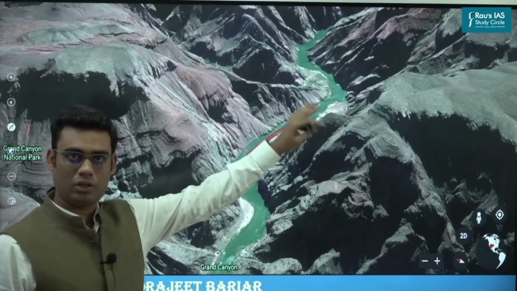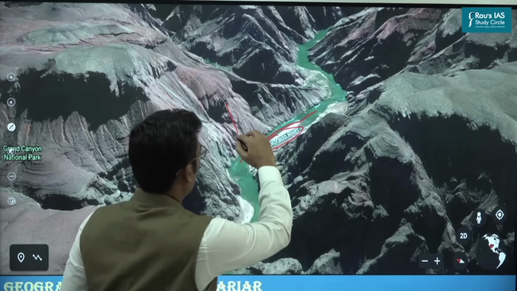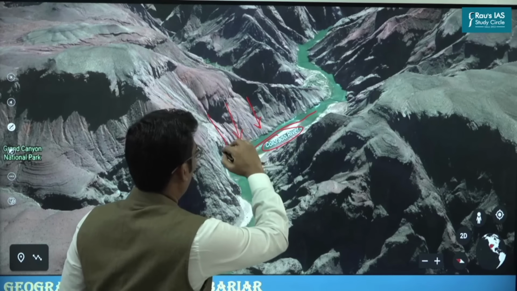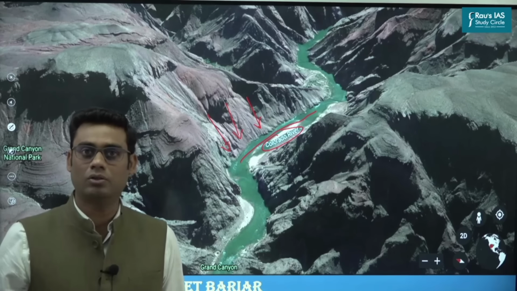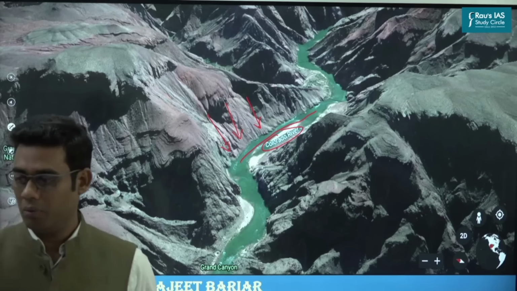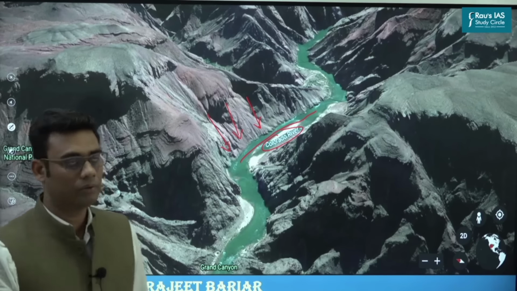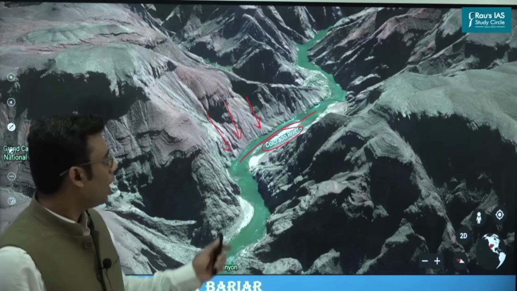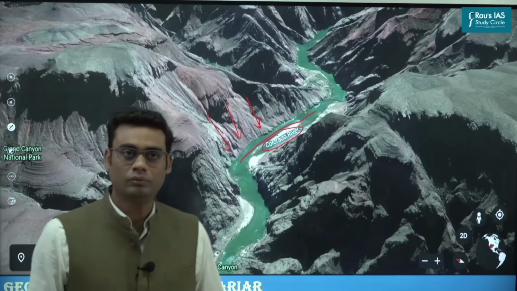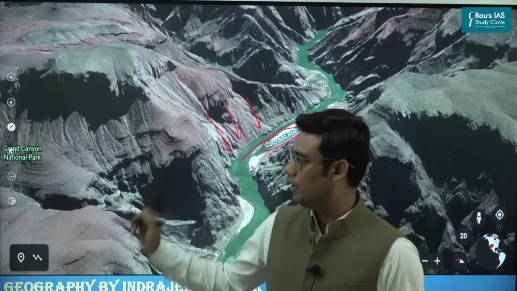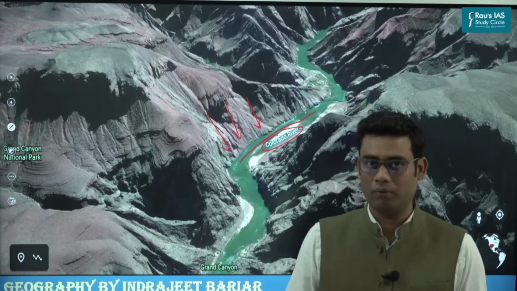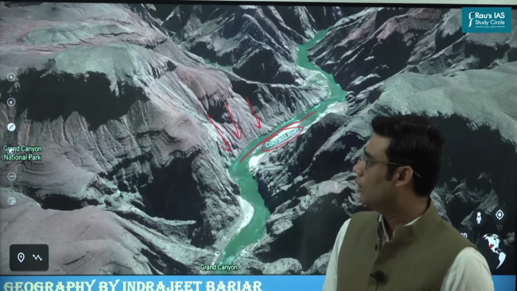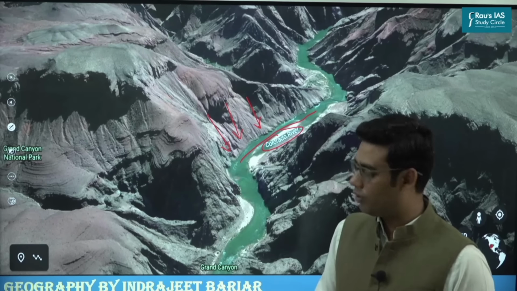This whole rock feature is the Colorado Plateau, and in here you can see these almost vertical wall formations of the valley. Hence the valley, which is our Grand Canyon. That's one of the very important features of the Colorado River.